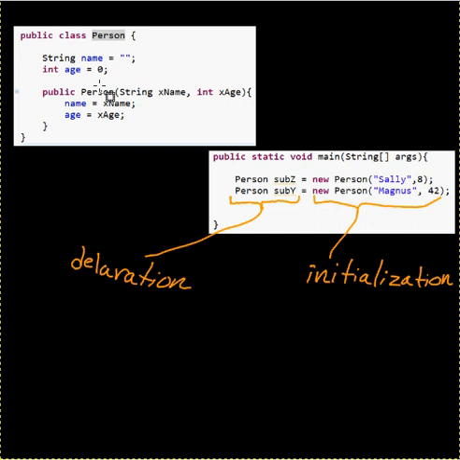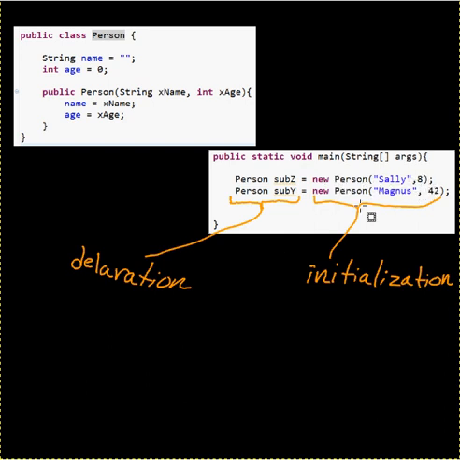Now keep in mind that an object reference takes no spot in the memory. It's basically just a name or a label that we use to access something in the memory, and that something in the memory is this new person Sally, comma 8.